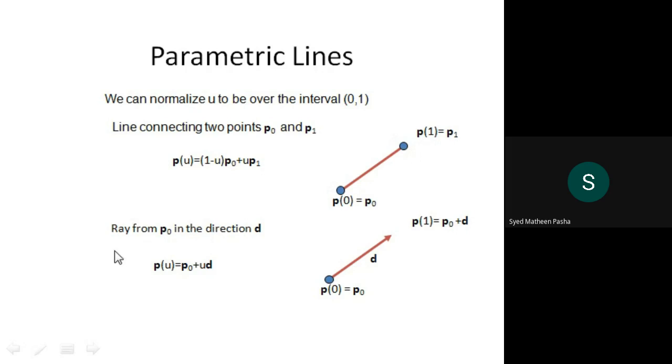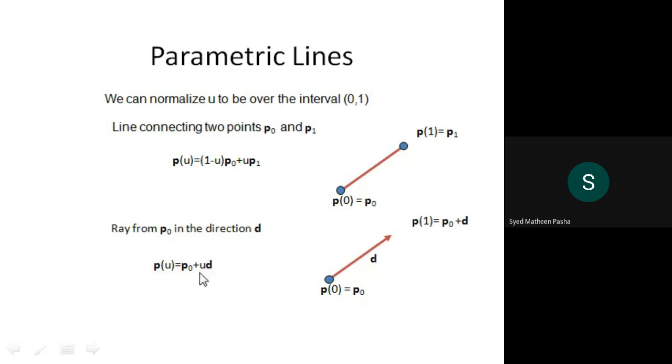Then similarly, consider a ray from P0 in the direction D. As you know, I can calculate the distance from one point to another. To represent distance, I'll be using D. So a ray from P0 in the direction D means that from P0, the next point is moving by the distance D. So how do you give the parametric line with respect to distance?